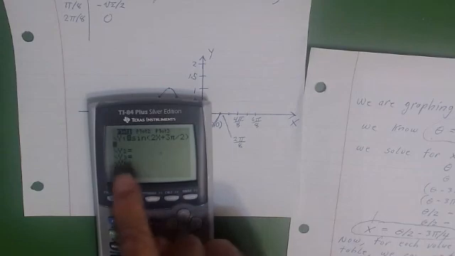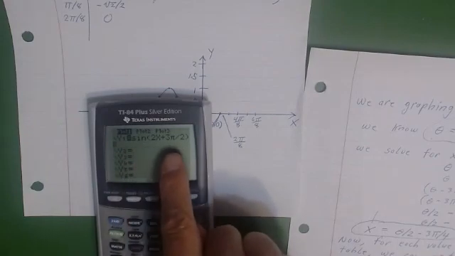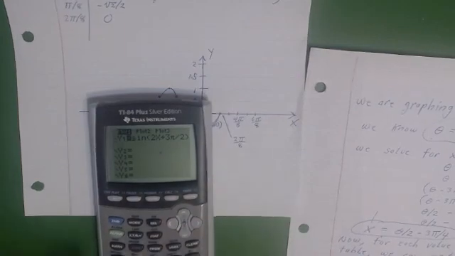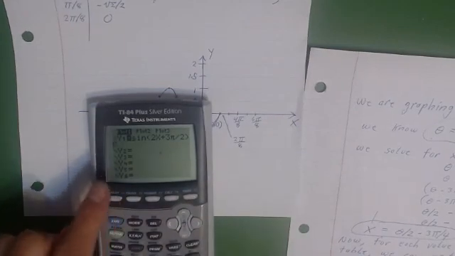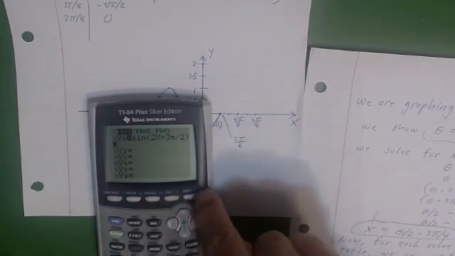Can you see where I put that in here? Sine of 2x plus 3 pi over 2. And I just hit the y equals button to put that in. Then you just hit the graph button.